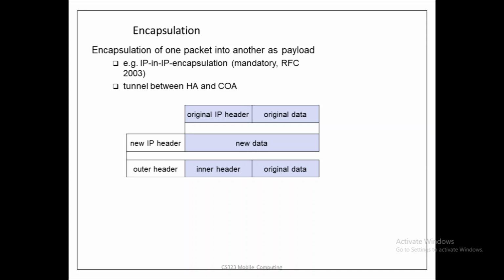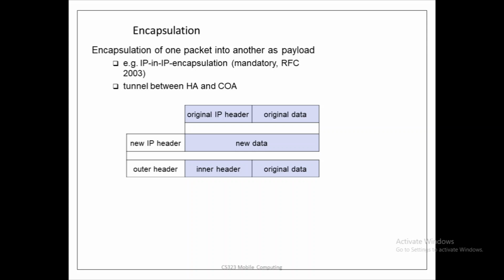Now encapsulation and decapsulation are the operations performed when a packet is transferred from a higher protocol layer to a lower layer or from the lower to the higher layer respectively. Here these functions are used within the same layer.